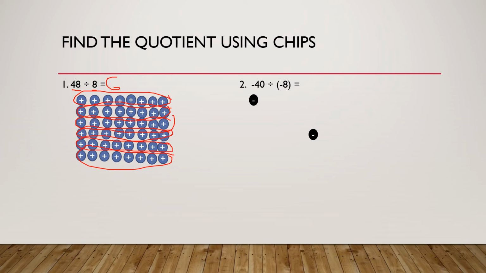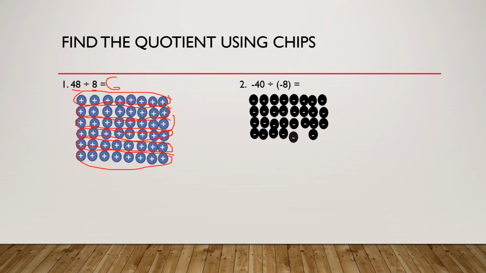Okay? Next, here, we have negative 40 divided by negative 8. So we count 1, 2, 3, and so on up to 40.